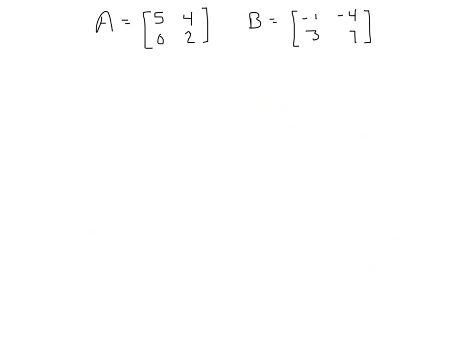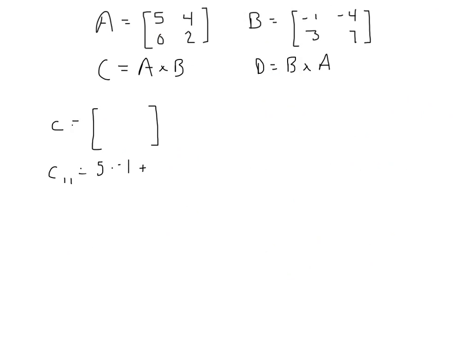So here I will look at matrices A and B are both square 2 by 2 matrices. And when I say a square matrix, I mean a matrix with the same number of rows as columns. And the reason I picked these two square 2 by 2 matrices is because I can calculate C equals A times B, and I can also calculate D equals B times A, and we will look at the results of that. So we will have C, it is going to be a 2 by 2 matrix, and C11 will be 5 times -1 plus 4 times 3, that's -5 plus 12 is 7.